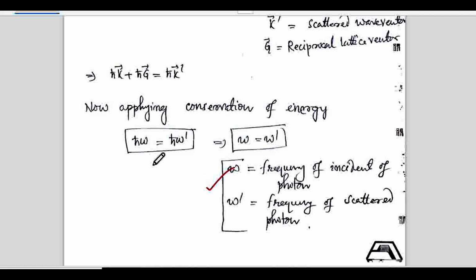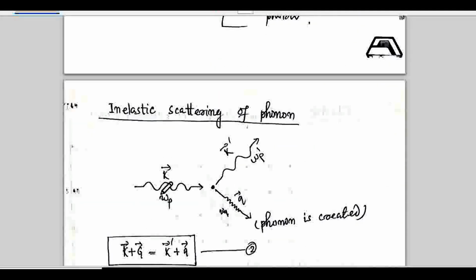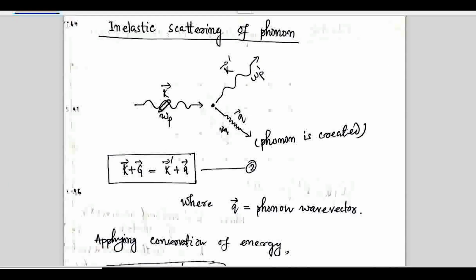So if you go to inelastic scattering, in this case there is an incoming photon and it is scattered with some k dash, and in this process a phonon is created. You see, this downward coming arrow means a phonon is created in this process, whose frequency is omega Q and the wave vector is Q vector.